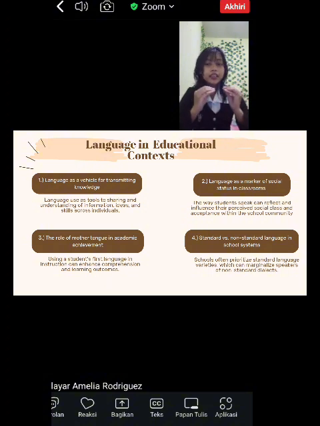Second, language can act as a marker of social status in the classroom. How students speak might reflect their social class and how they are perceived by their peers and teachers.